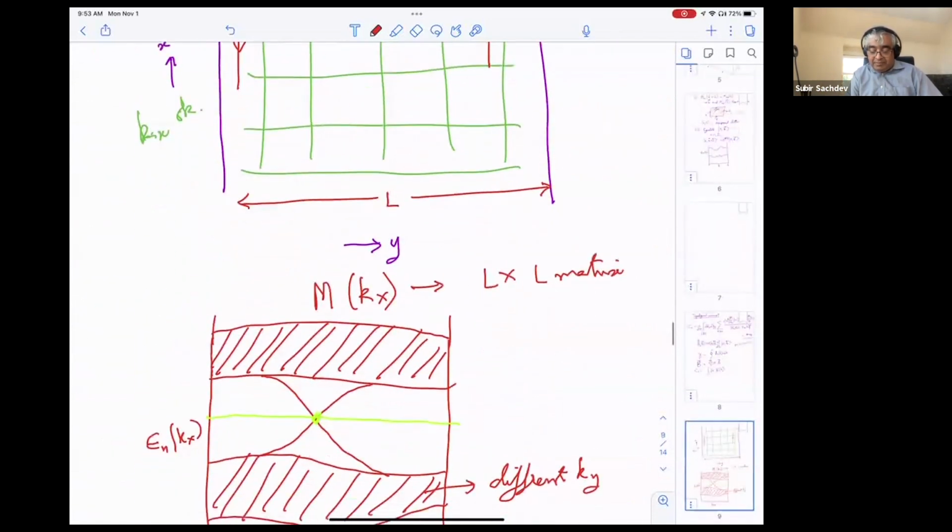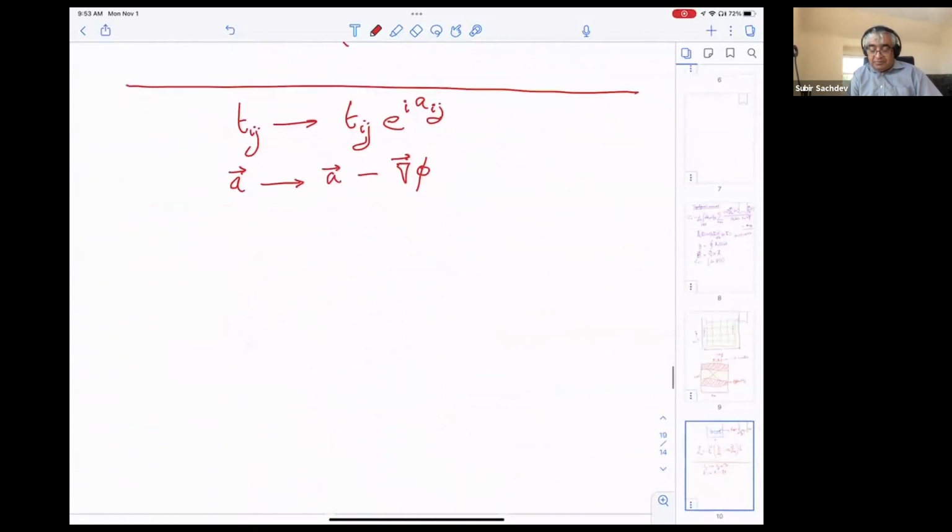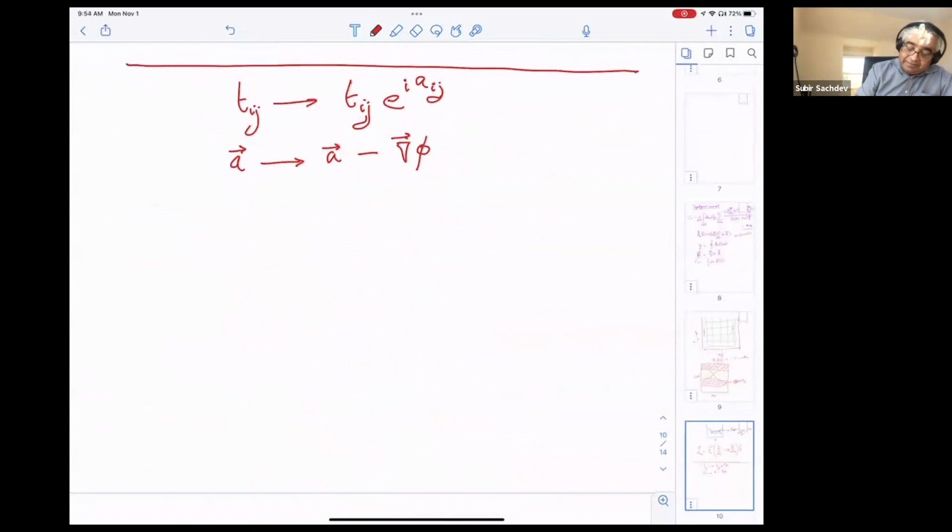So what we have to do now is get some effective Lagrangian for the gauge fluctuations. Now this will be in 2+1 dimensions. We're in the bulk, we're not worrying about the edge right now, and ask what is the effective Lagrangian for this.